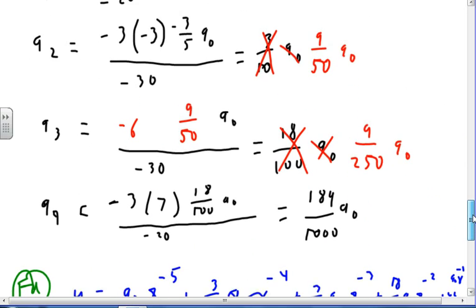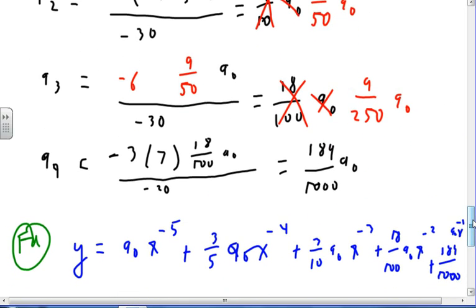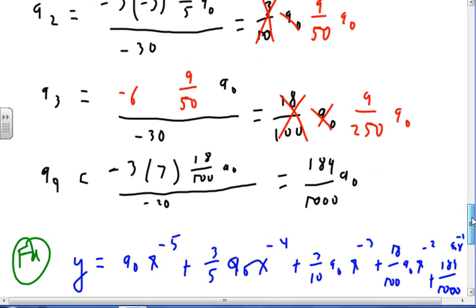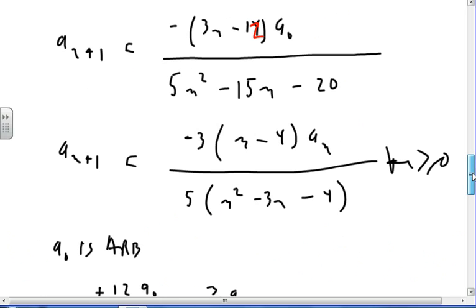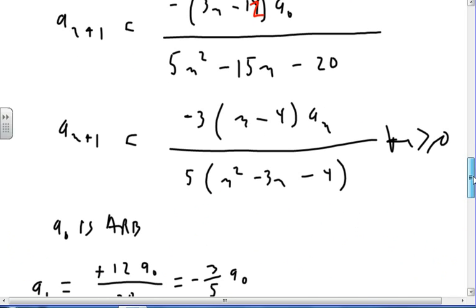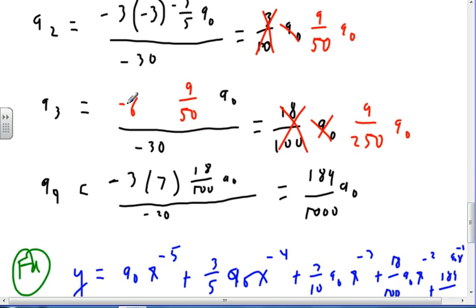That's 6 because you have a negative 2 and a negative 3, right? Shouldn't that be positive? Negative 2, negative 3. So this should be positive, and that would be negative 9 over 250. Okay. And then we'll come back here.